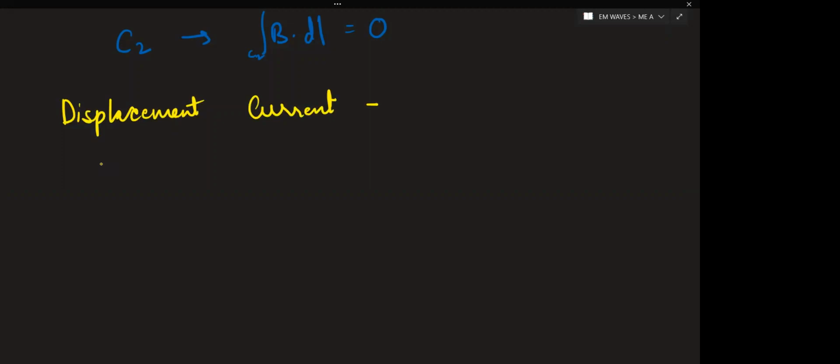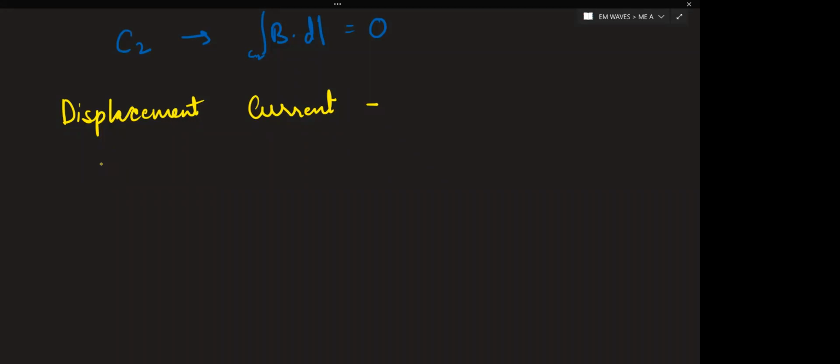Conduction current is the current that occurs in space whenever a circuit is connected properly. Like in a circuit, when the terminals are connected to the ends of the battery and the key is turned on, a current flows in the circuit. That current is known as conduction current. And when any other current exists in space apart from the conduction current, we call it the displacement current.